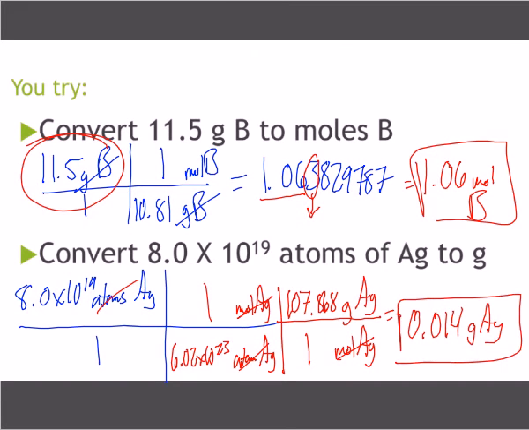That's what we should have, 0.014 grams. Remember, sig figs: with that decimal right here, that 0 is non-significant. When we have a decimal, we start from the left-hand side. Those are non-significant. It's 1, 4 then that we would have. We're going to keep practicing sig figs as we go along. Questions? Easy? We're going to do a lot of practice tomorrow with these conversions for our quiz on Friday.